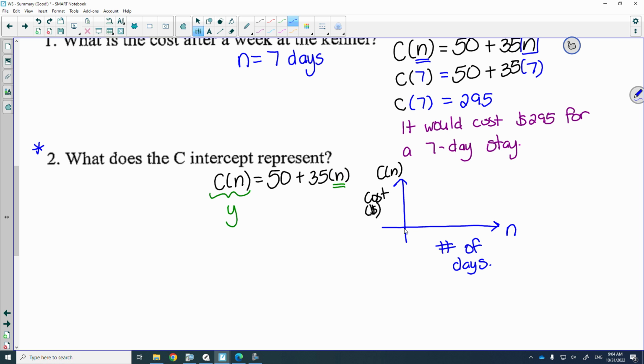If I want to figure out the c-intercept, which is the y-intercept, like where is it going to cut the y-axis, what letter equals 0? Yes, x. Which in this example, though, if I want the c-intercept, which letter would it be equals 0? N. Okay, so if you want the c-intercept, what are you going to do? You're going to let n equal 0.